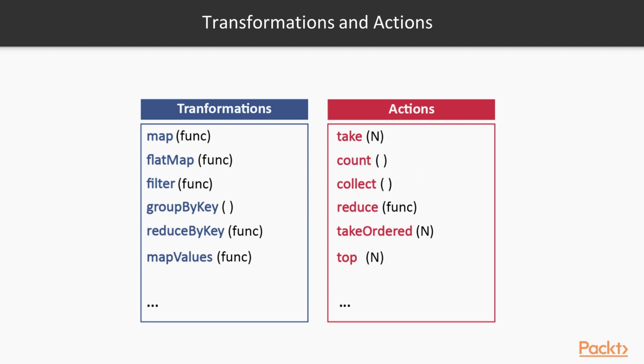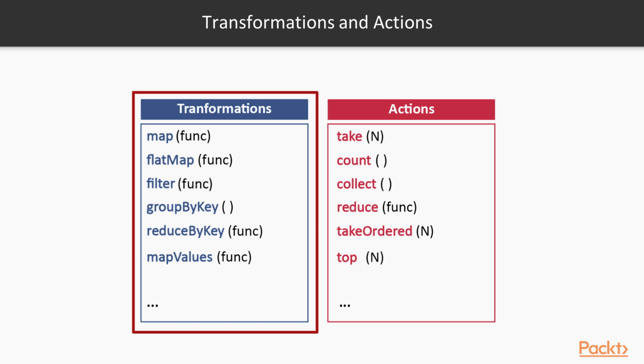In Spark, basically we have 2 types of operations: transformations and actions. Transformations are, for example, map, flatMap, filter, and so on. And as we remember, every transformation creates a new RDD that is immutable and points to the previous, parent RDD.